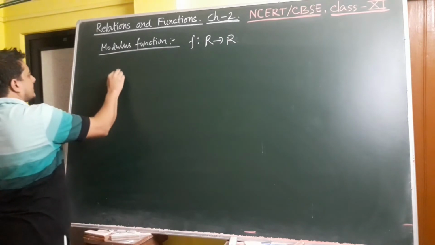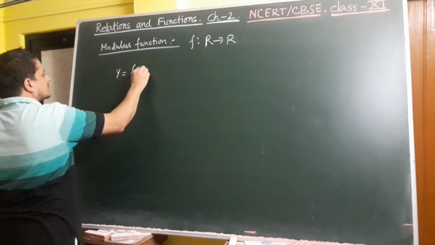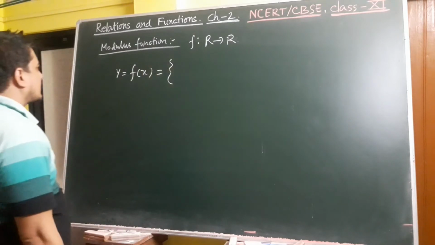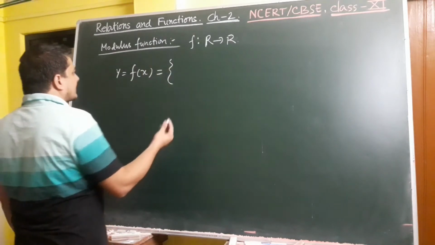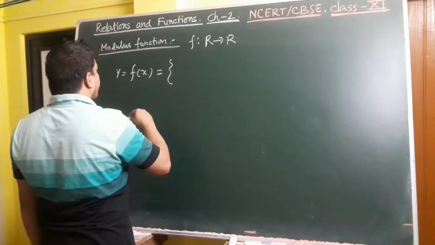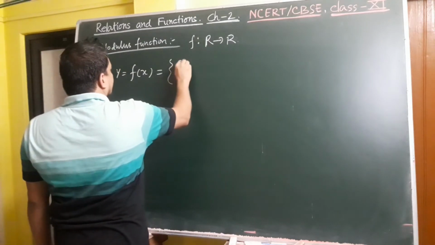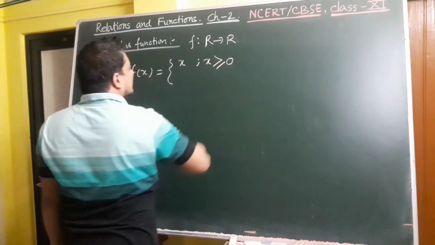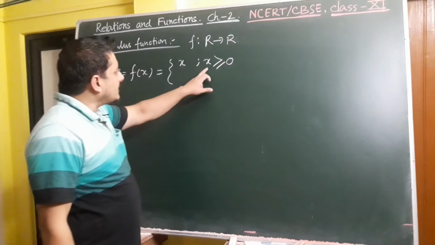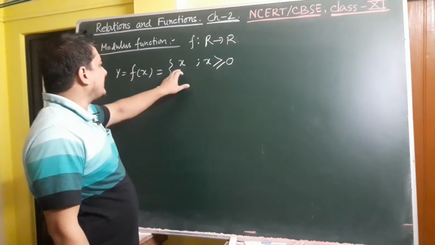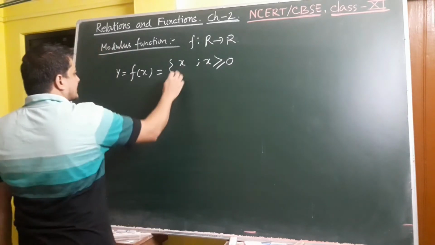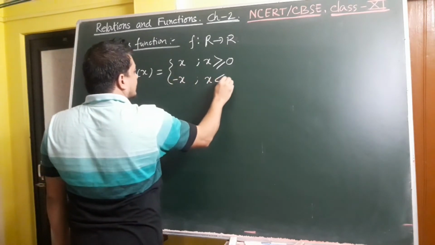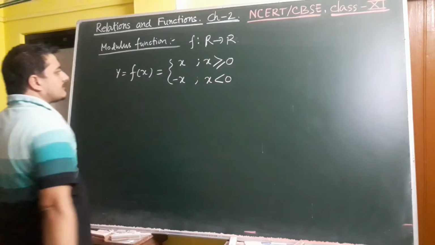You write it in this way: y equals f of x equals, for the modulus function, it will be x for x greater than or equal to 0. For all non-negative values of x, it will assume the value of x, and for x smaller than 0, it will be negative of x.